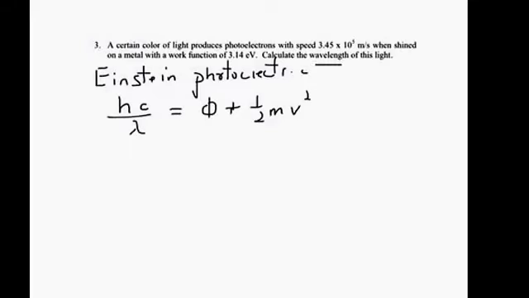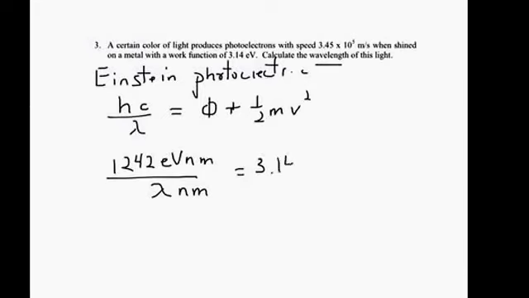We're looking for lambda. From before we know that hc was 1,242 electron volt nanometers over our wavelength, which is going to be in nanometers, equals our work function, phi, 3.14 electron volts, plus 1/2 times the mass.